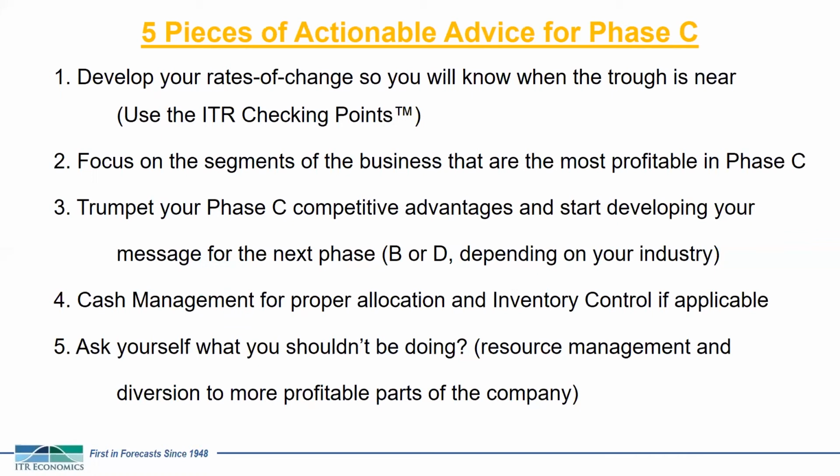The second thing I want to mention to you is you've got to focus on the segments of your business that are going to be performing the best and also will remain most profitable during this phase C decelerating phase of the cycle. And that means that you've got to understand which of your phase C competitive advantages are really going to resonate with customers that are adopting a more defensive, conservative mindset. You also have to start thinking about the next trend.